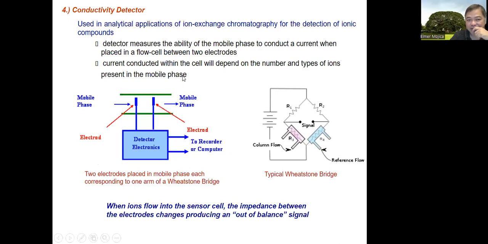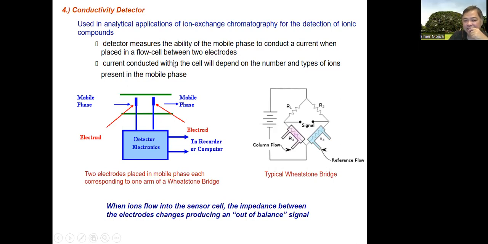And then we have the conductivity detector. This is applicable for ionic compounds. Usually what happens here is the presence of the ion causes an out-of-balance signal, which results in detecting something in your sample.